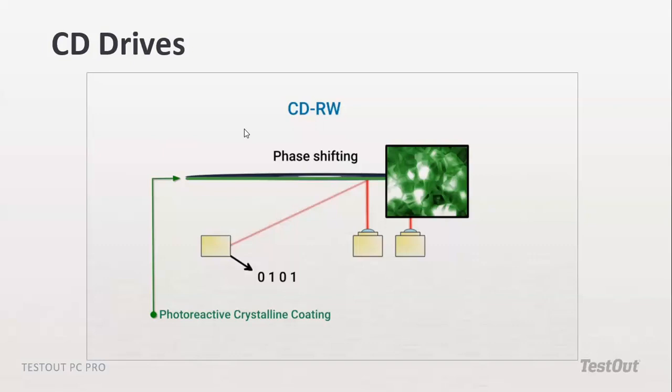It's 1.2 millimeters in thickness, 120 millimeters in diameter. There's no physical difference. There are just more layers on a single disk, not two different disks. I hope I do not confuse you more.